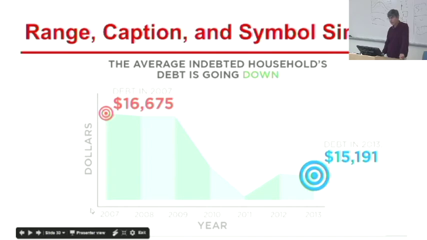It's obvious that they're not starting at 0, right? And that makes a big difference here. Is debt going down? It looks like suddenly everybody's out of debt. But the answer is no. It's that there's very little change, actually. It's a little bit better, but not a big difference, right?